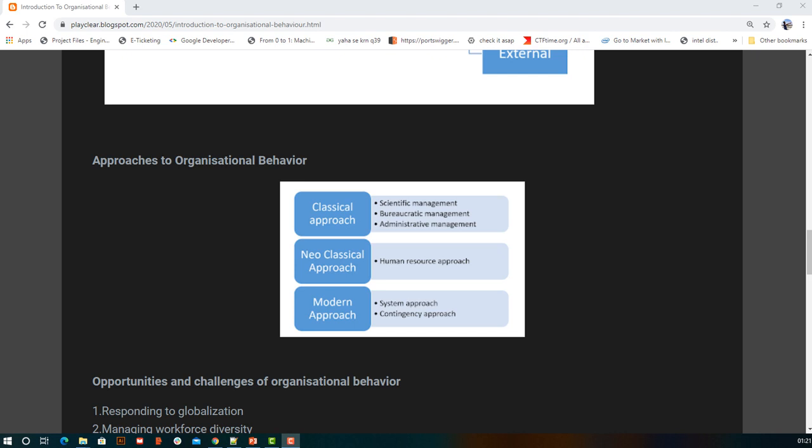Now, we see this as a human resource approach. The name was given because in the classical approach we considered people not as actual humans but as machines, so we were continuously monitoring them as though we were doing it on machines. But coming to the neoclassical approach, after the Hawthorne experiment, we see them not as machines but as a human resource.